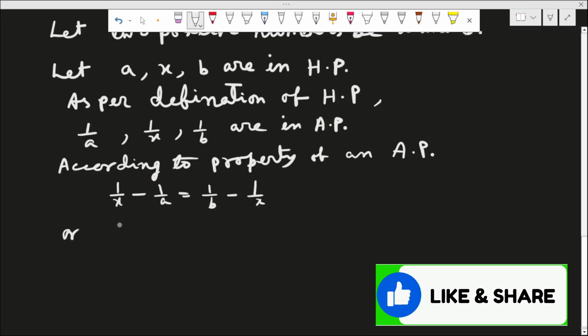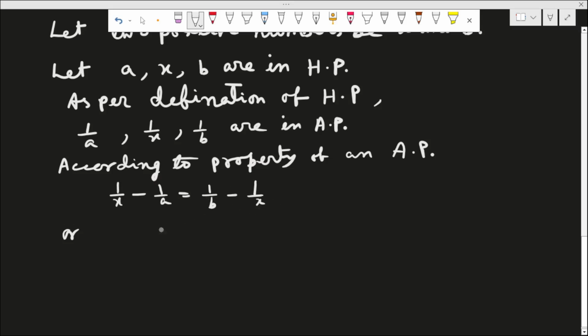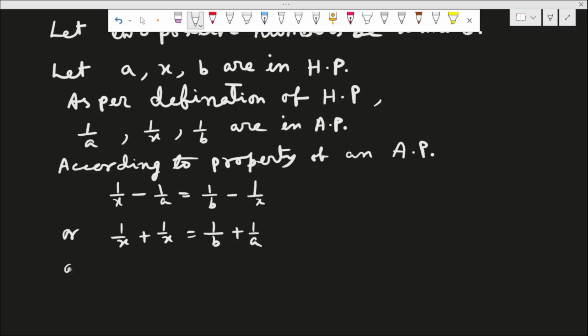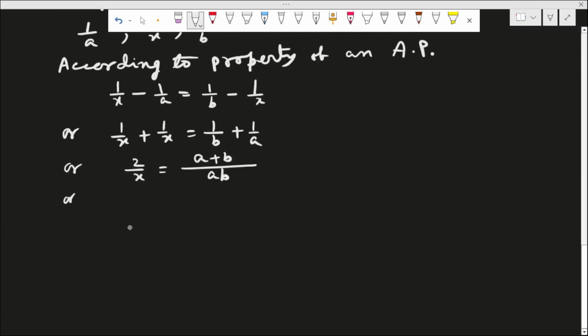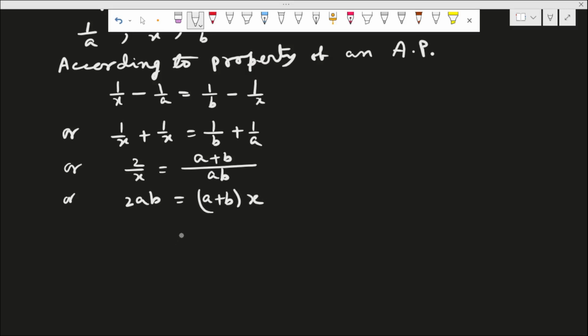Solve this: transposing minus 1 by X to the left, 1 by X plus 1 by X, and transposing 1 by A, here it will come plus 1 by A. Now simplify: 1 by X plus 1 by X is 2 by X, and the right side simplifies to A plus B by AB.